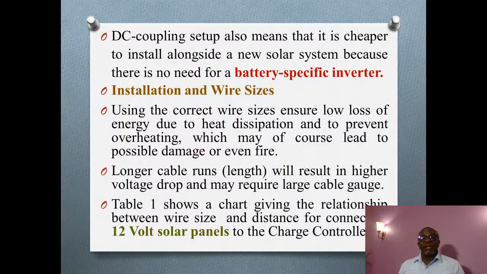So longer cable runs, that's when you use a lengthy cable, will result in higher voltage drop and may require a larger cable gauge. Table 1 seen below shows a chart giving the relationship between wire size and distance for connecting typical 12-volt solar panels to the charge controller.